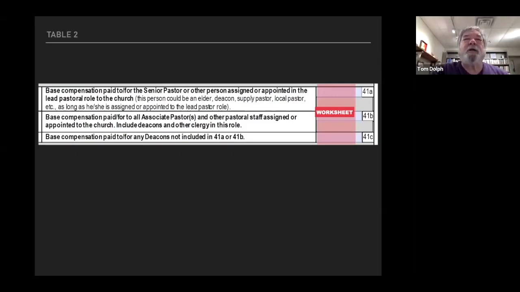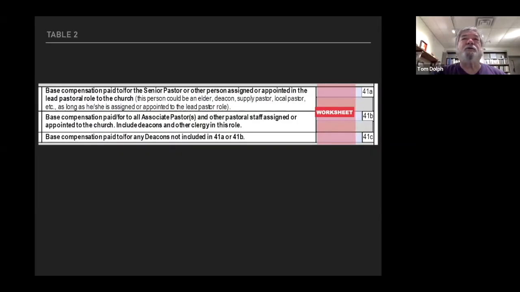Pay attention to line 41C. 41C is for compensation paid to deacons who are appointed as their primary appointment to your church. That doesn't mean that they serve someplace else, but the primary, the only place they serve is your church.